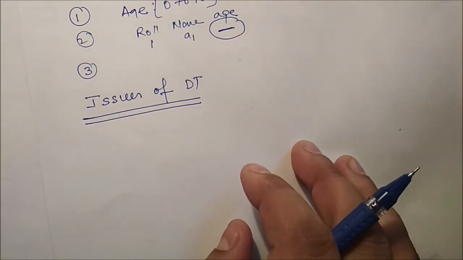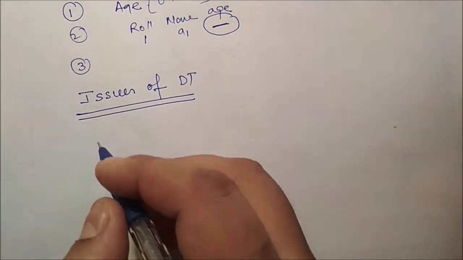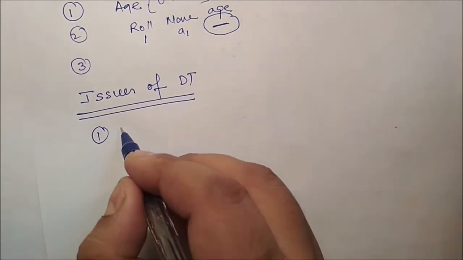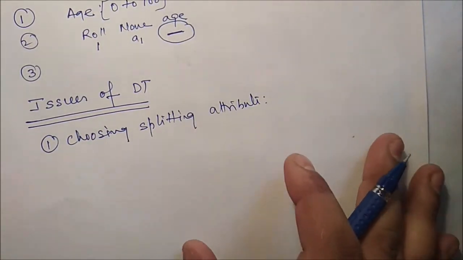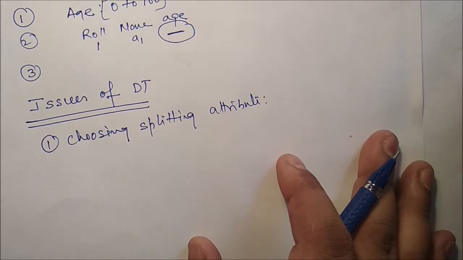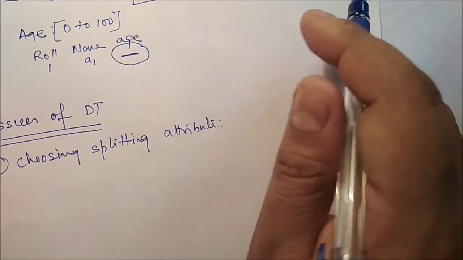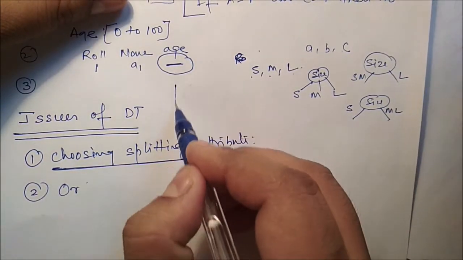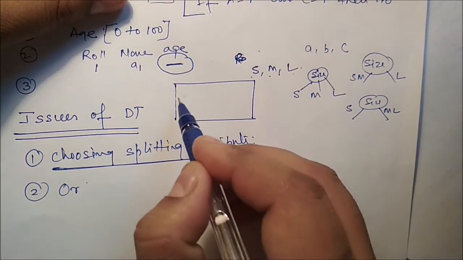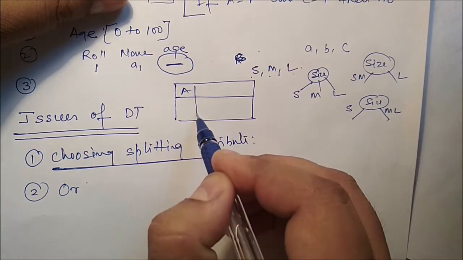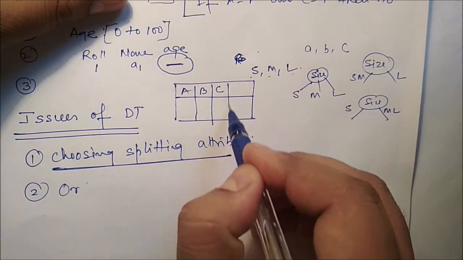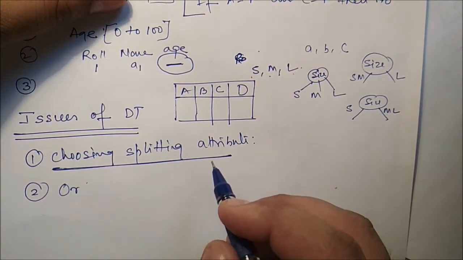Choosing splitting attribute. So first issue is what? Choosing splitting attribute. Which attribute to use for splitting impacts the performance of the built decision tree. Suppose in a database A, B, C, D, 4 attributes are there.